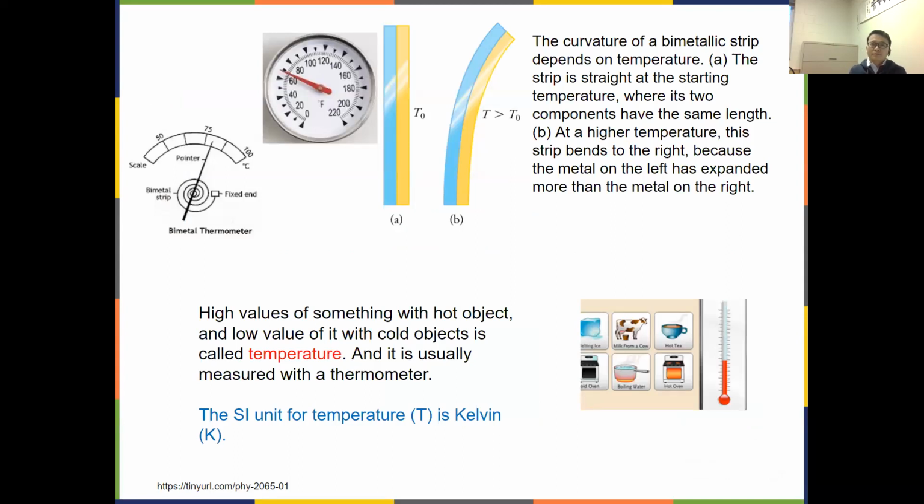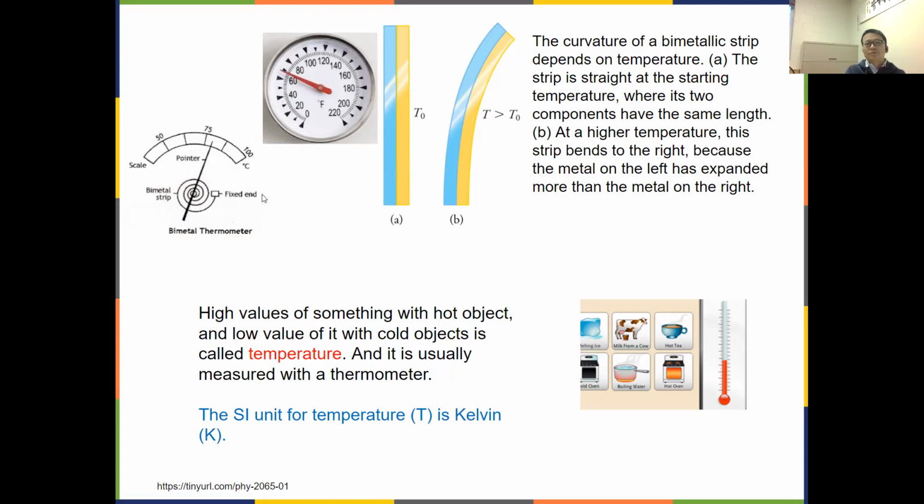So the one I just showed you on the previous page, you probably have used in chemistry lab, and you might have seen something like this, in which the needle of the thermometer is attached to something made of a coil like this. It's made of a metal strip.